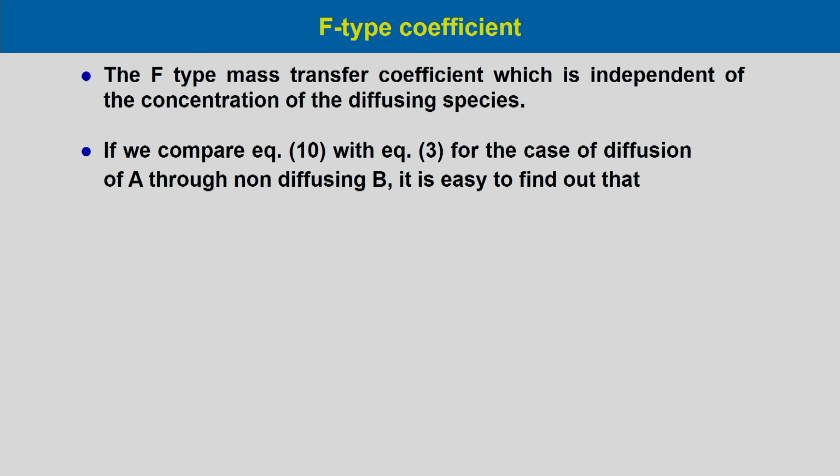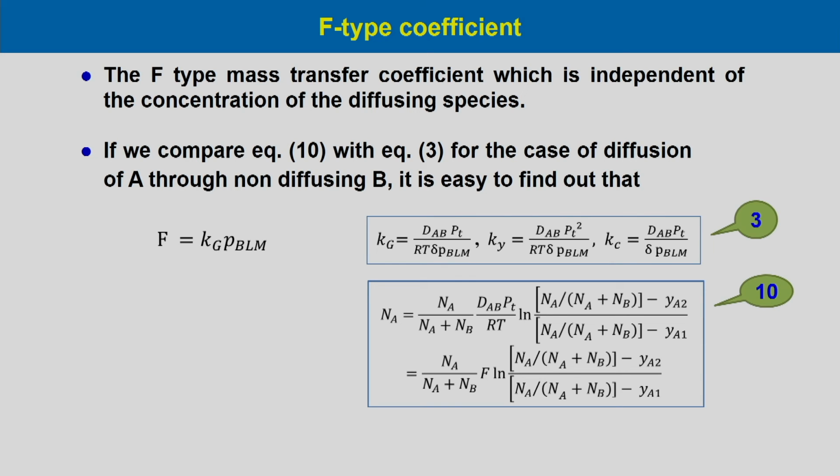And if we compare equation 10 with equation 3 for the case of diffusion of A through non-diffusing B, it is very easy to find out F is equal to kg PBLM. So, if we compare equations 3 and 10, we can write F would be equal to kg PBLM.